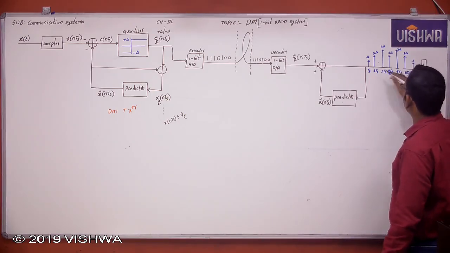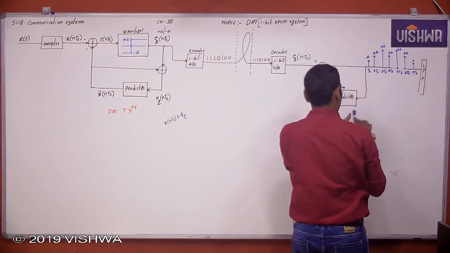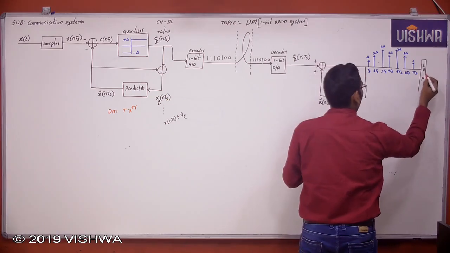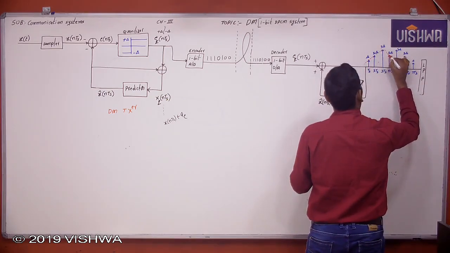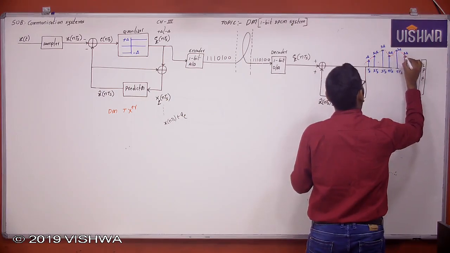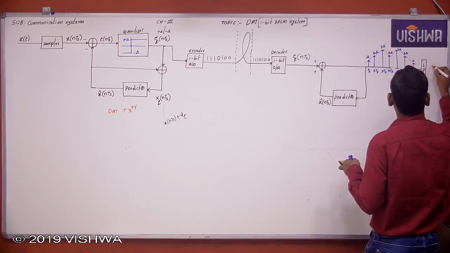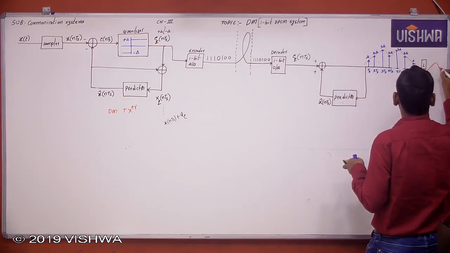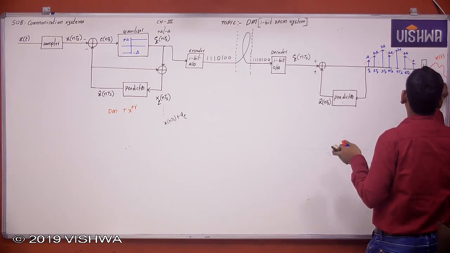Now the low pass filter receives these ones and zeros. At the receiver, the low pass filter output is the signal, which is x of t, the reconstructed signal which will be the output of the receiver.